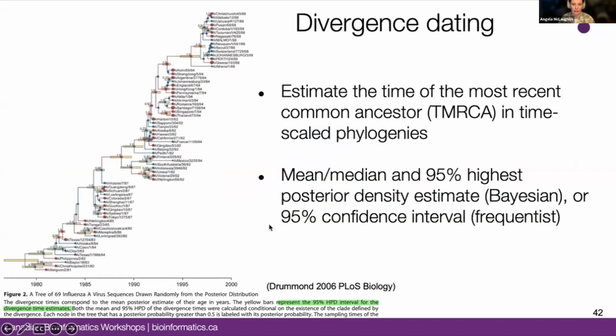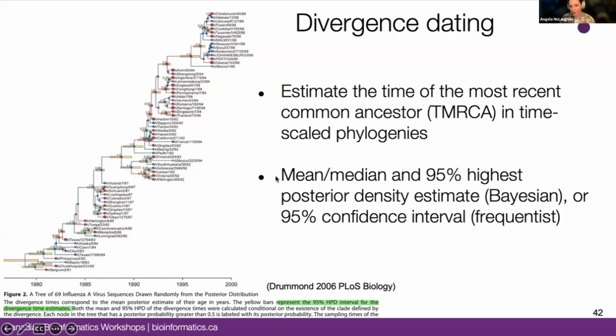Okay, so in using molecular clocks to scale our trees to the unit of time, we can conduct divergence dating, which is basically estimating the time of the most recent common ancestor, TMRCA, in order to estimate the origin time of whatever group of taxa you're interested in.